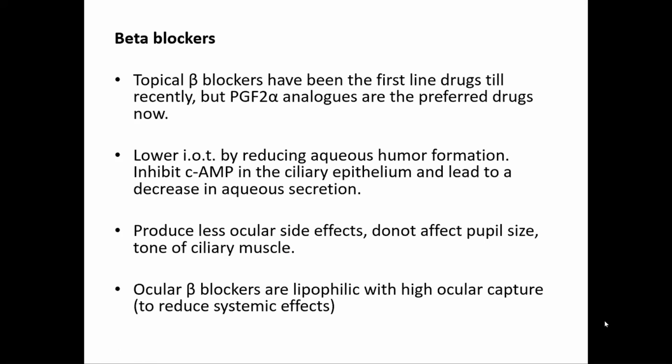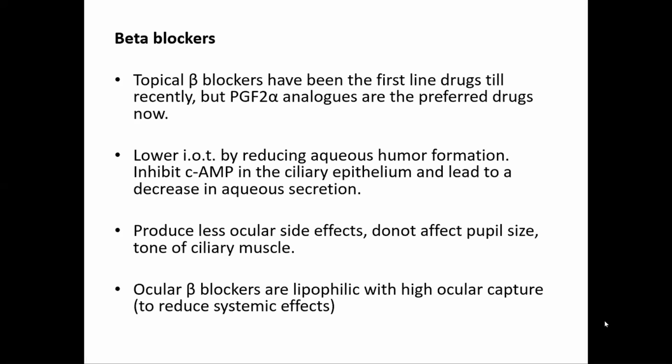So if you remember the cholinergic drugs like pilocarpine or physostigmine, they affected the pupil size because they cause miosis, and this cholinergic group of drugs like pilocarpine and physostigmine also increases the tone of the ciliary muscle, or they produce ciliary muscle spasm.